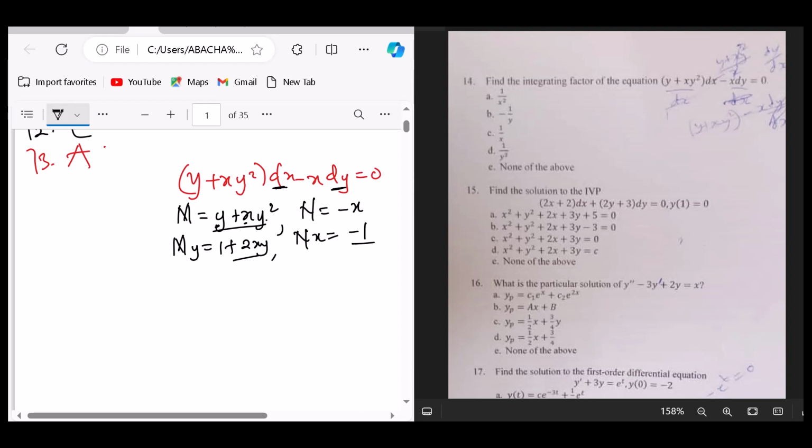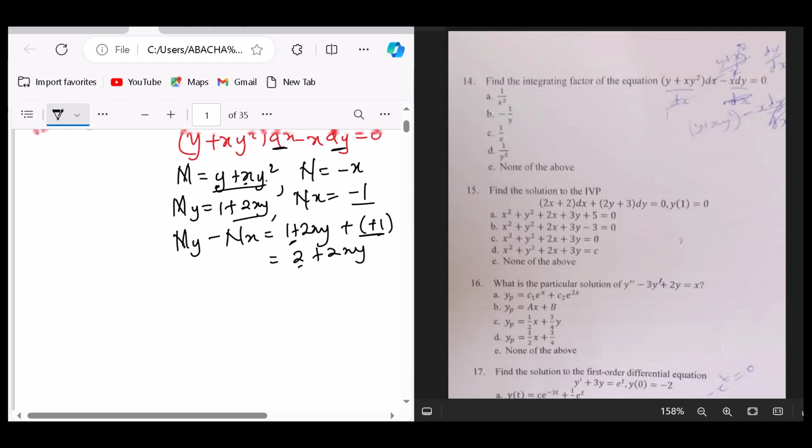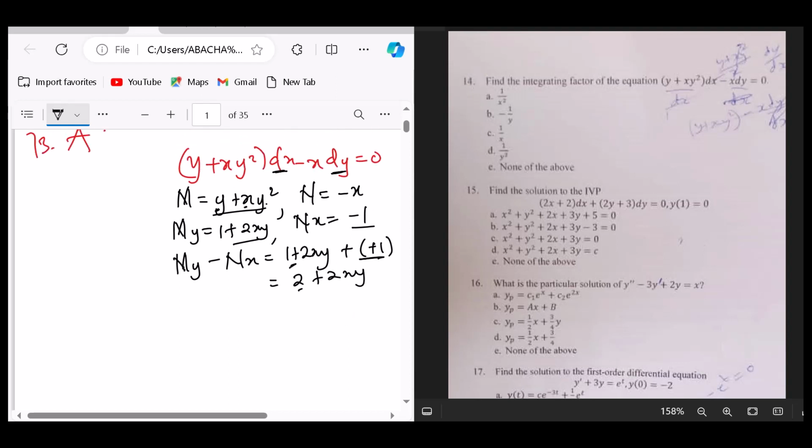But we can try to see if we subtract the two, M_y minus N_x. This becomes 1 plus 2xy minus negative 1, and this gives me 2 plus 2xy. You know where that 2 comes from: the negative becomes positive, so 1 plus 1 is 2. And of course, we can divide this by something.